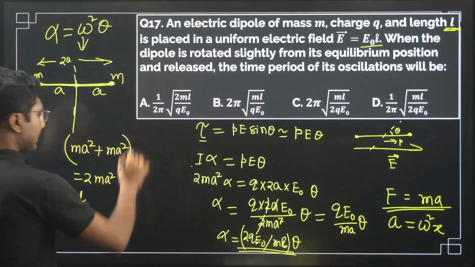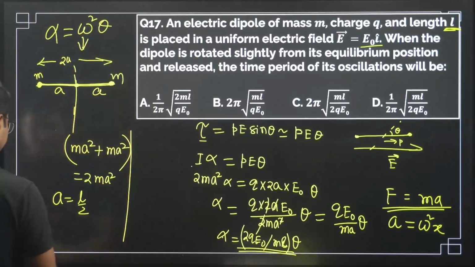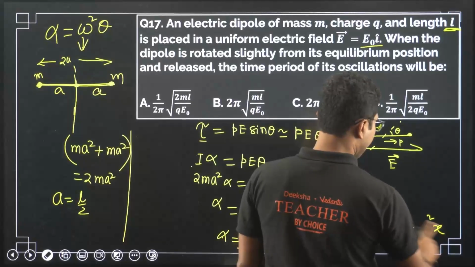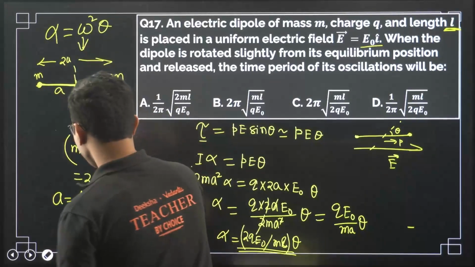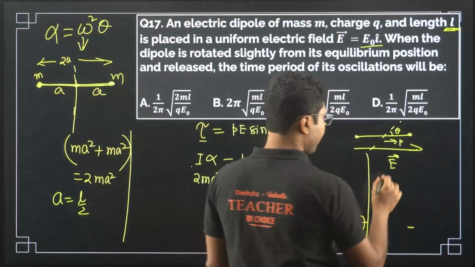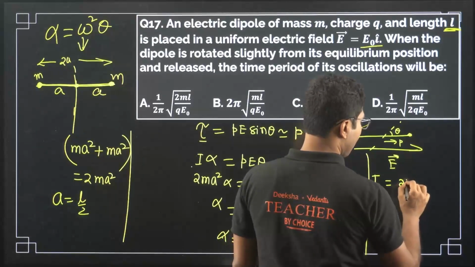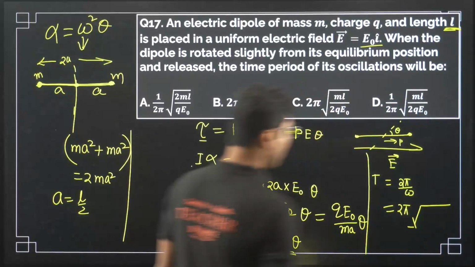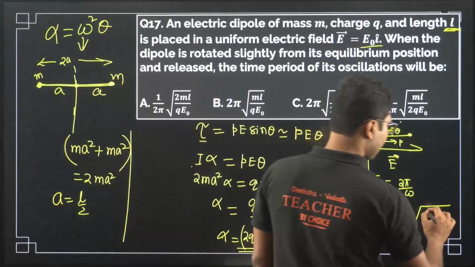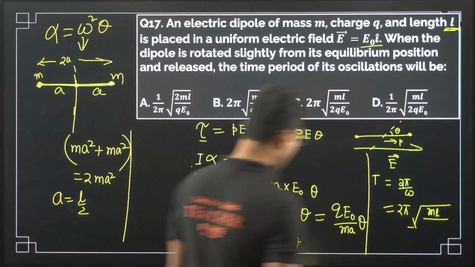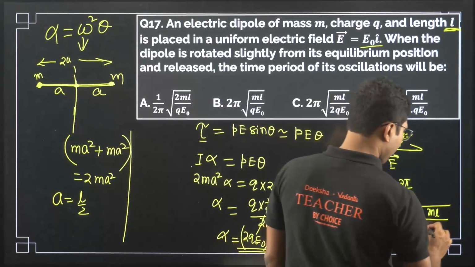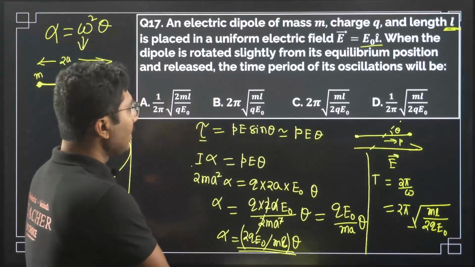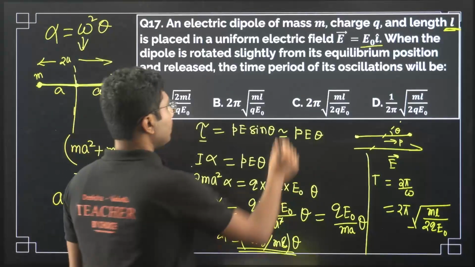So omega square is basically this value, and time period is 2 pi by omega, so that is 2 pi square root of the inverse of this: m l divided by 2q E naught. So the correct answer is option C.